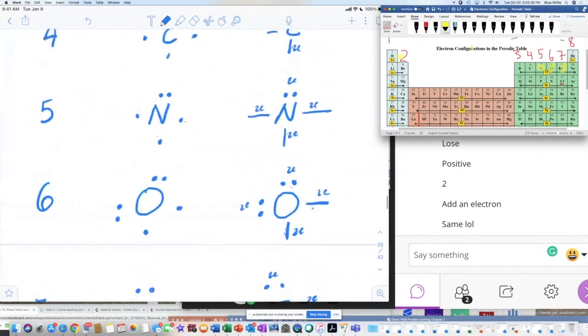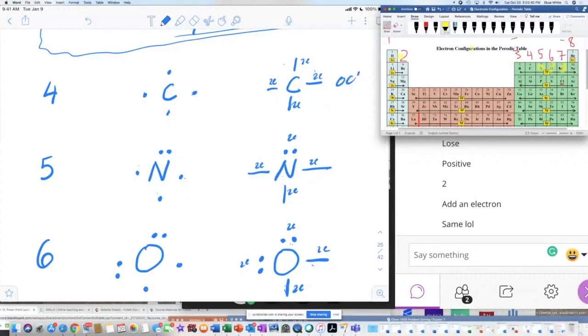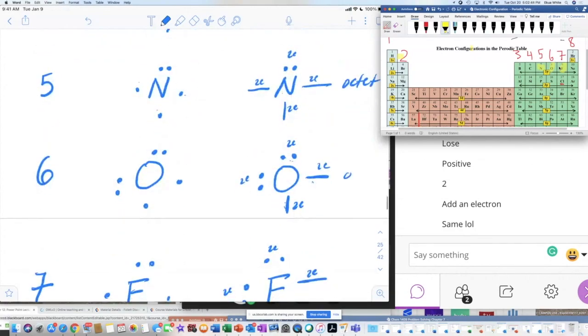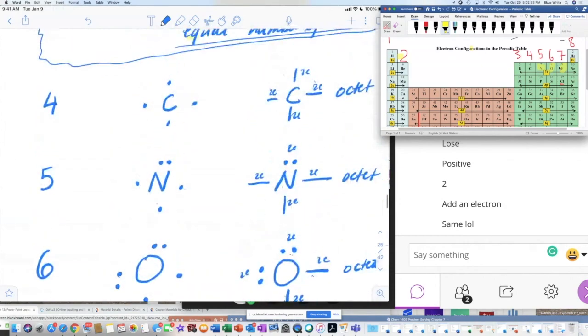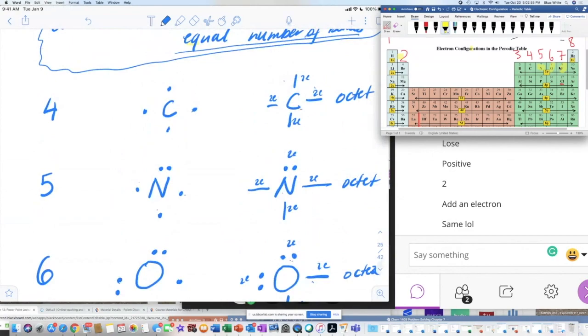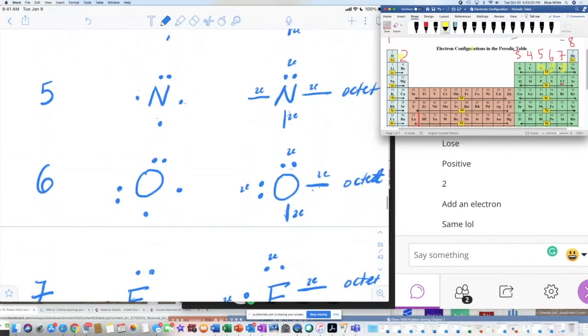So each of these, starting with carbon, when they form a bond, get to octet, which is 8 electrons. When carbon forms 4 bonds around it, it ends up with 8 electrons. Same thing with nitrogen, 3 bonds, 1 lone pair. Oxygen, 2 bonds, 2 lone pairs.